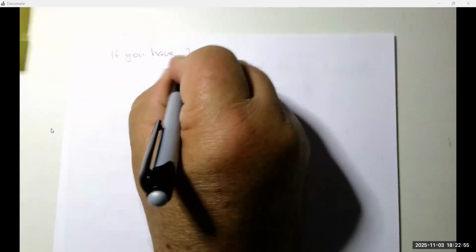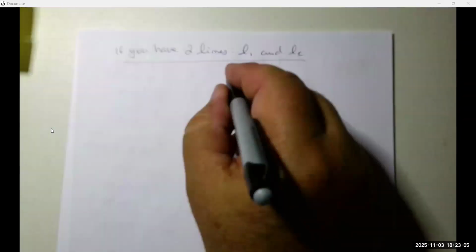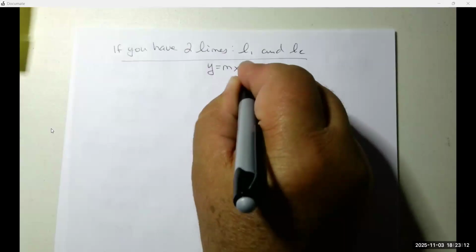So if you have two lines, L1 and L2. Remember, the equation we're going to be using is y equals mx plus b.